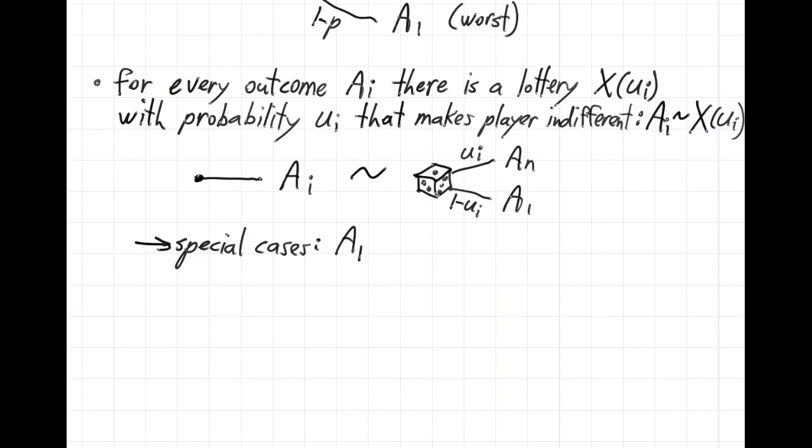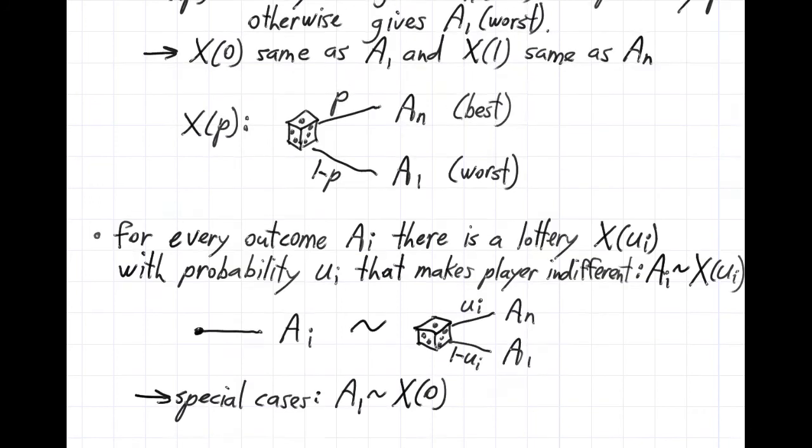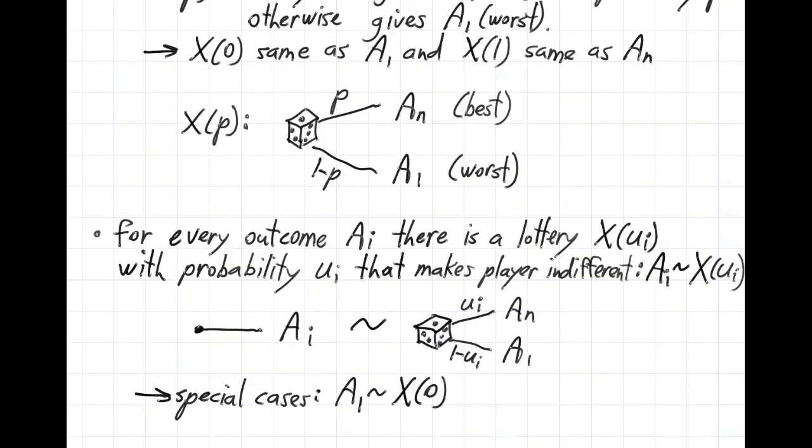A1 must be preferred equally to X0. That's just because if U1 is 0, the probability of getting the top branch is 0. So in this general lottery, let me draw it down here, U1 is 0.